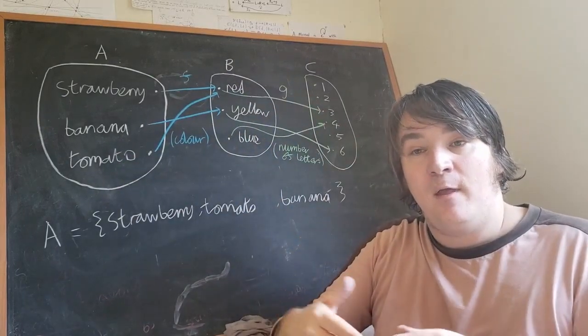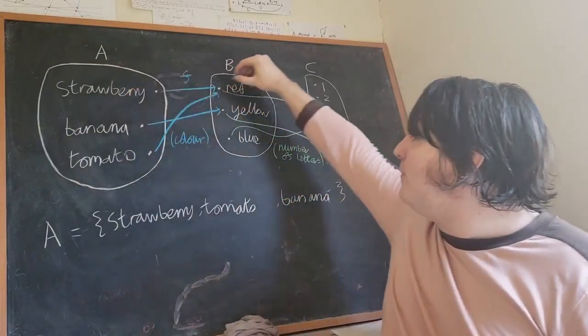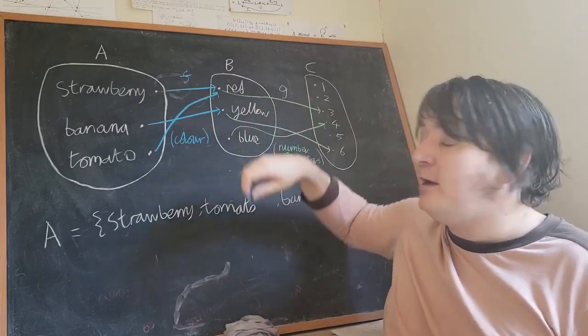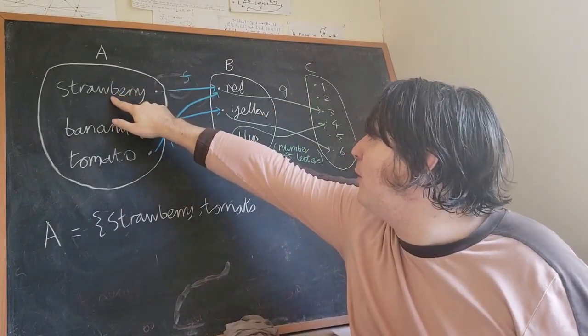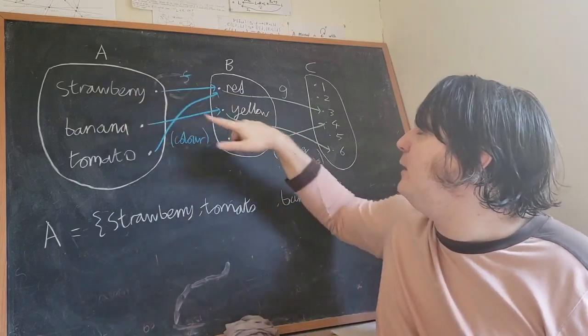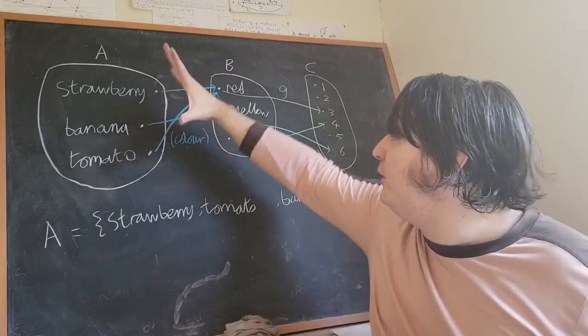Notice that every element in the first set is sent to some element in the second set, and it's only sent to one element. So we couldn't, for example, send strawberry to red and yellow. We can only send it to one thing. Sometimes we might call this a mapping.